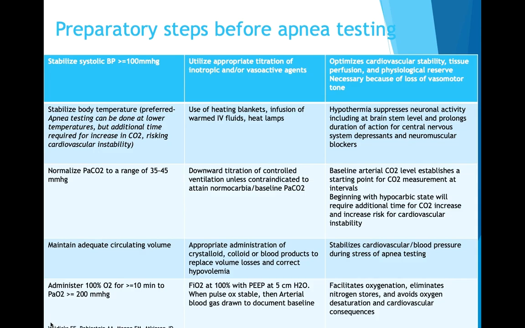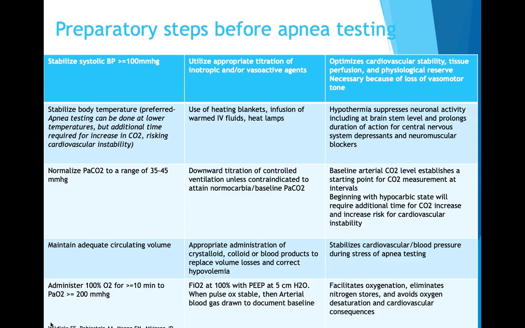So the patient will be on the ventilator. We're going to titrate down the rate of ventilation and attempt to make them normocarbic before you start the test. You would do a baseline arterial blood gas in order to make sure that the CO2 is in a normal range. Also, you want to maintain adequate circulatory volume.